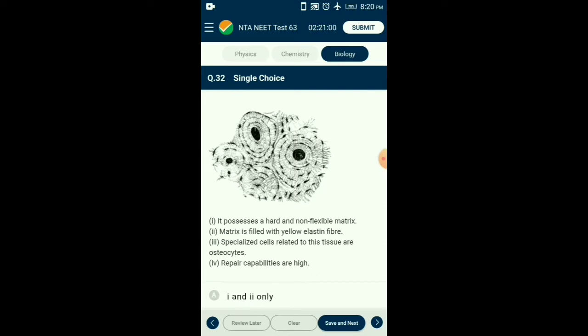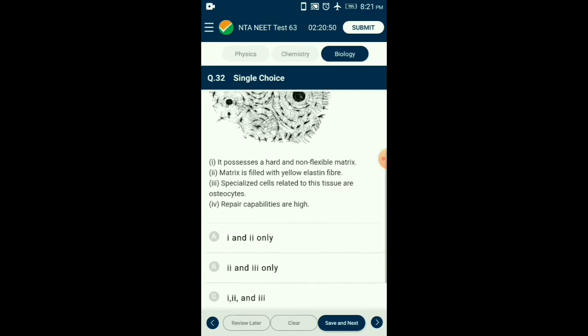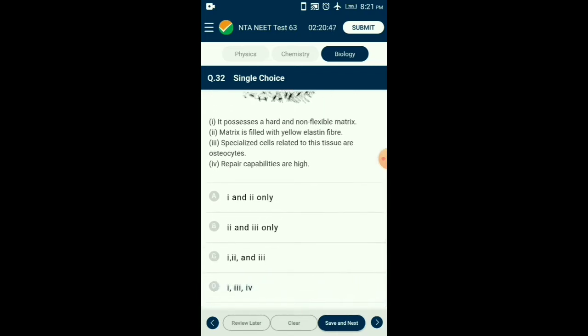The presence of more inorganic salts in the matrix of bone makes it non-flexible. So from the given four statements, the correct option is option D. First, third and fourth statements are correct.